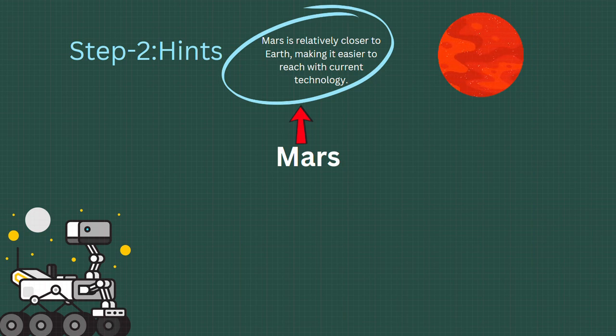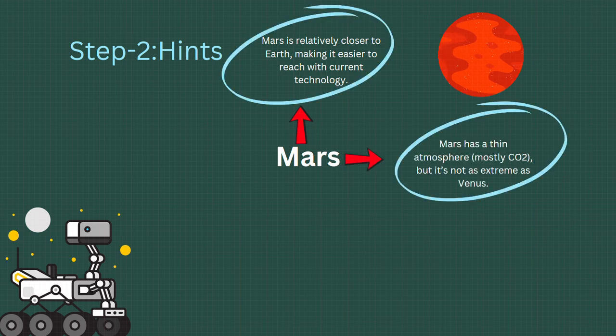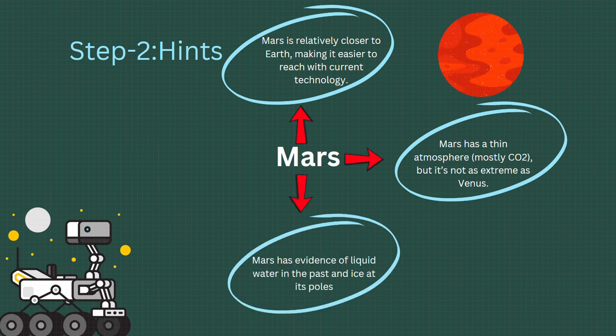Mars is relatively closer to Earth. Mars has a thin atmosphere. It's not as extreme as Venus, and Mars has evidence of liquid water. Around 3.5 billion years ago or something like that, there was a river flowing on Mars, but due to its low gravity, life was not able to sustain.